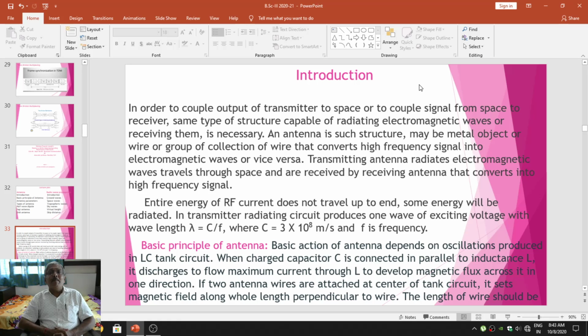Without an antenna, the communication of the signal information towards the receiver is not possible. In other words, we can say the antenna plays a very vital role to transmit the signal and also to receive the signal.